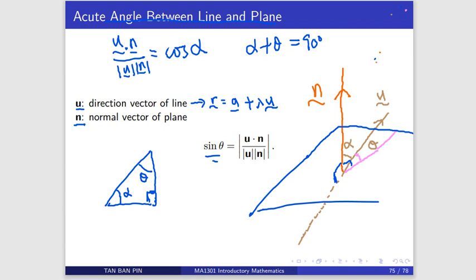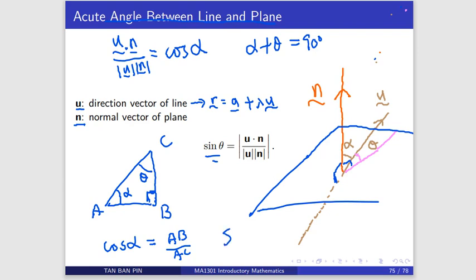So with that, you can look at cosine alpha. Cosine is adjacent over hypotenuse. So if you call this ABC, cosine alpha is AB, adjacent, over hypotenuse, so it's AB over AC.